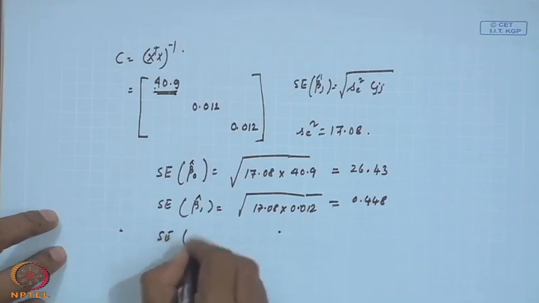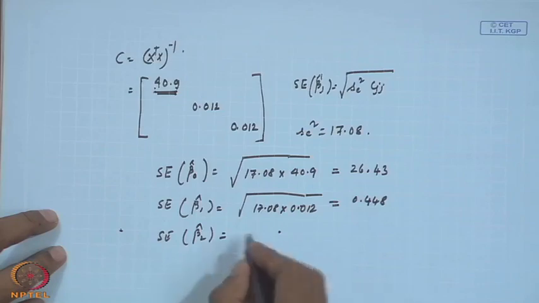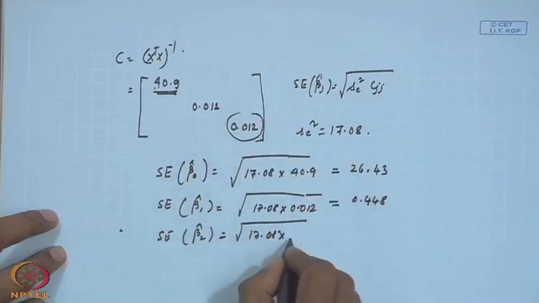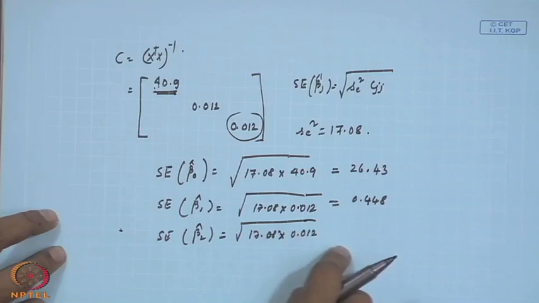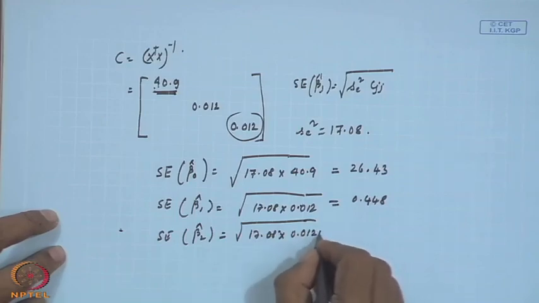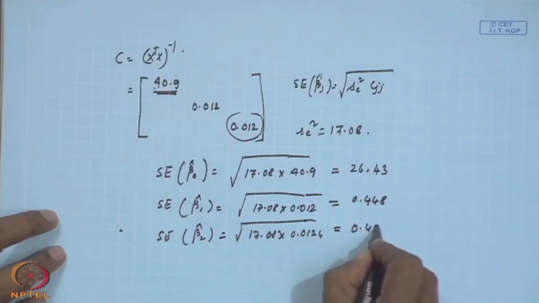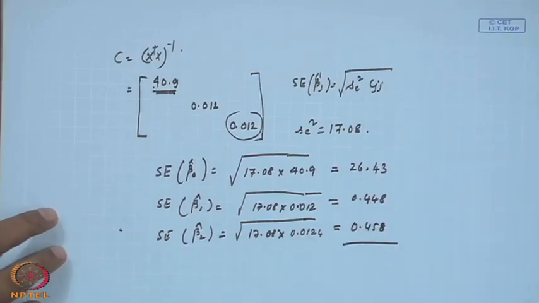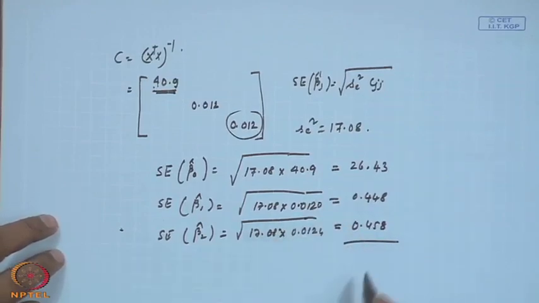And the standard error of beta 2 cap is also the same, 17.08 into this one, which is also 0.0201, and some values are there, okay, 0.125 or something like that, and this one is 0.058. Here it will be 0, like this, some rounding error effects are there.